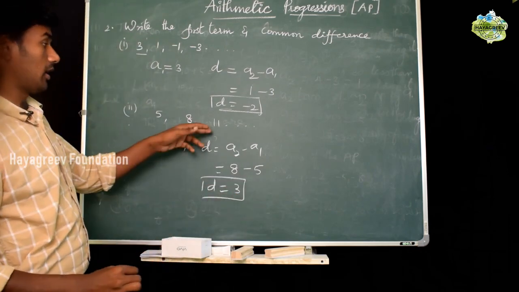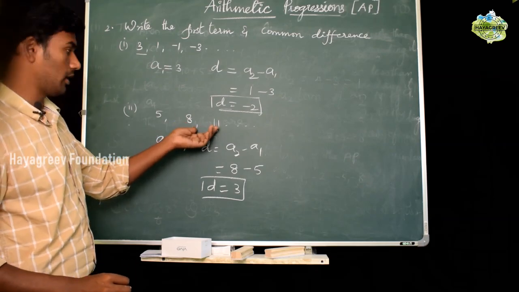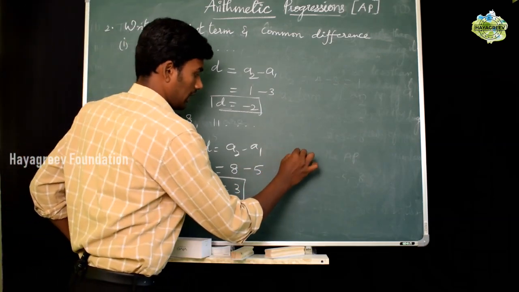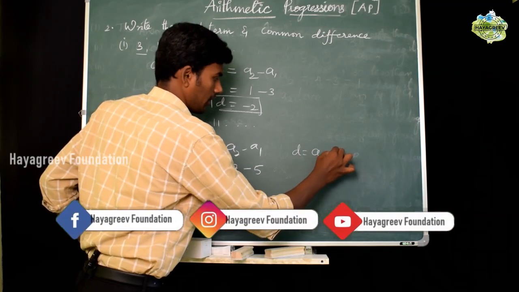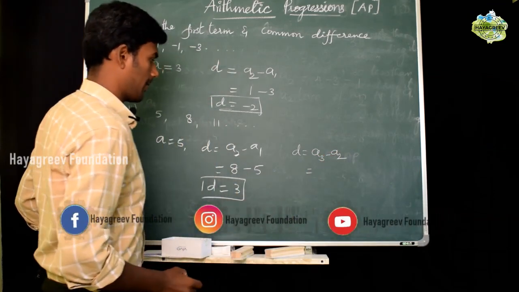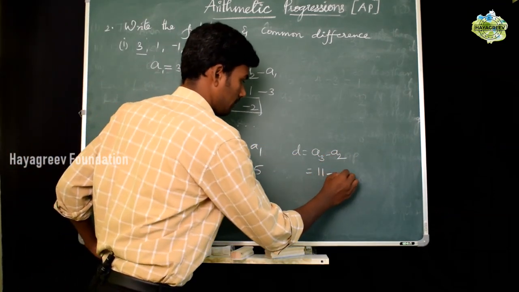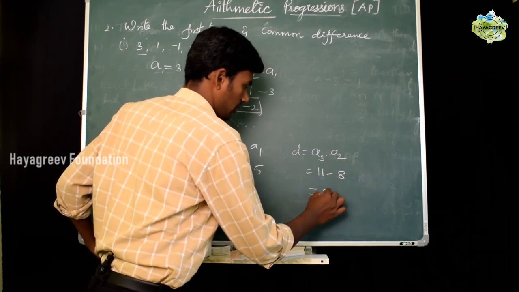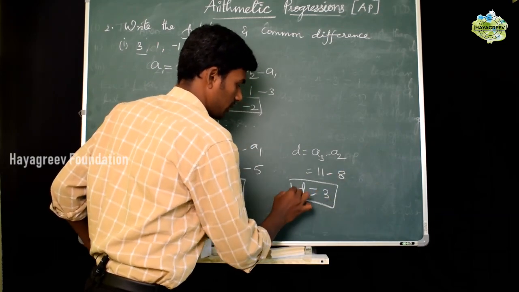And if you have a doubt whether this difference will be the same or not, let us check now. D is equal to A3 minus A2, which is equal to 11 minus 8, which is equal to 3. So D is equal to 3.